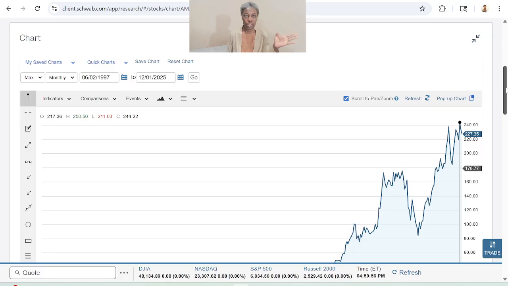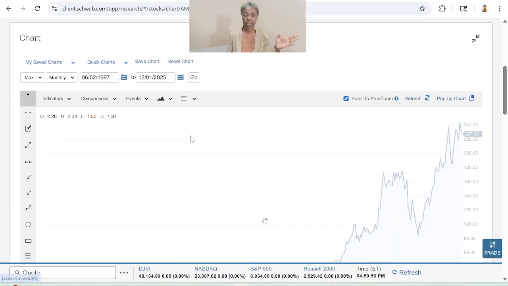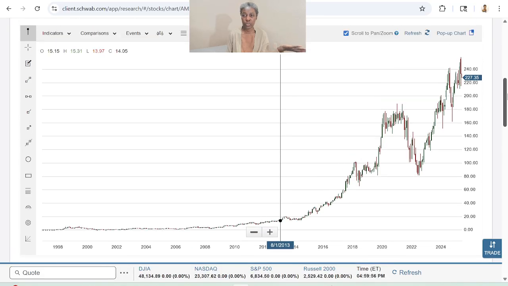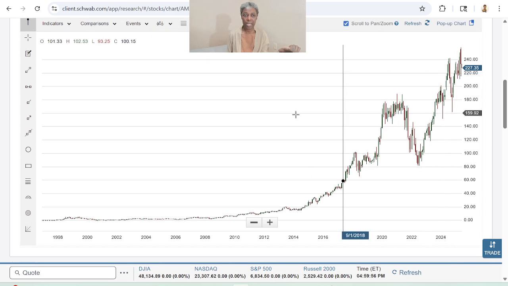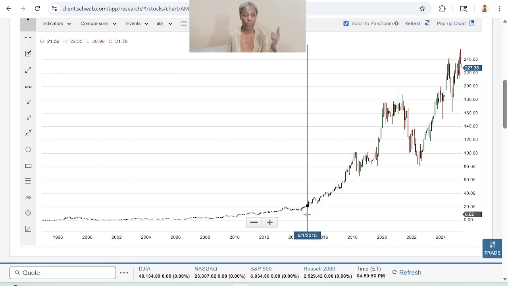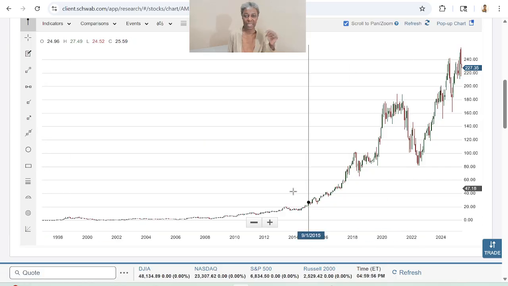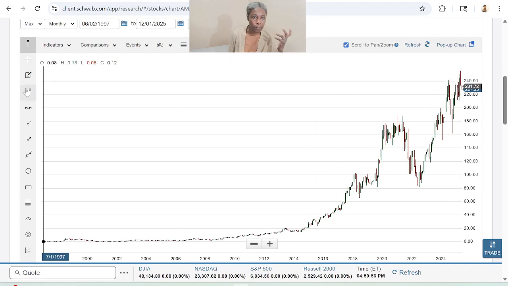I'm not entirely sure, but okay, they do have that. It's showing it to me here, but it's a maximum monthly chart. And I think you should be able to trace some lines. I just don't know if it's going to keep them, but you should be able to trace some lines on it. It's not as flexible as the Thinkorswim platform.